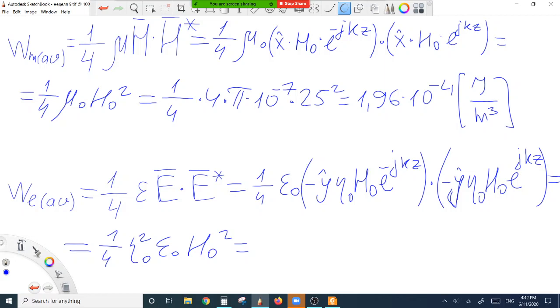Now what about the stored time averaged electric energy? So we compute 1 over 4 multiplied by eta 0, which is 377 squared, multiplied by epsilon 0, which is 8.854 times 10 to the power of minus 12, multiplied by H0, which is 25 squared.